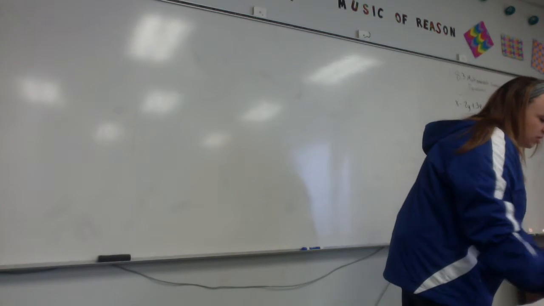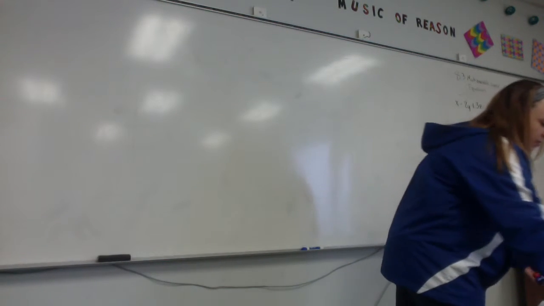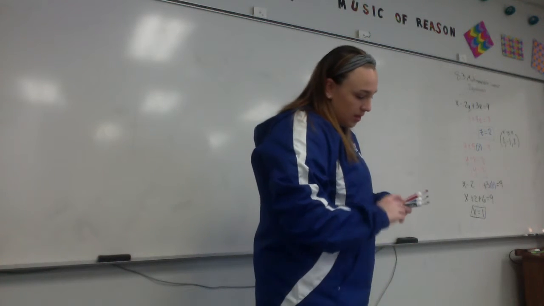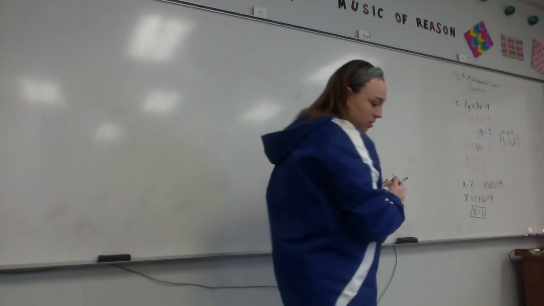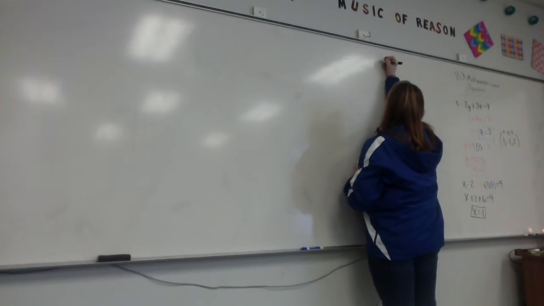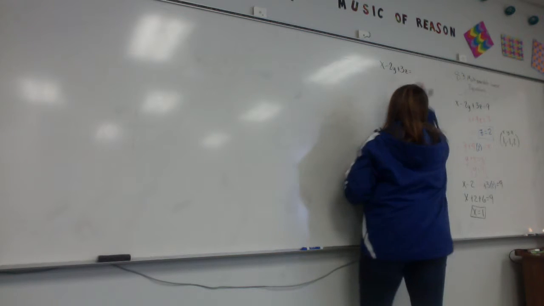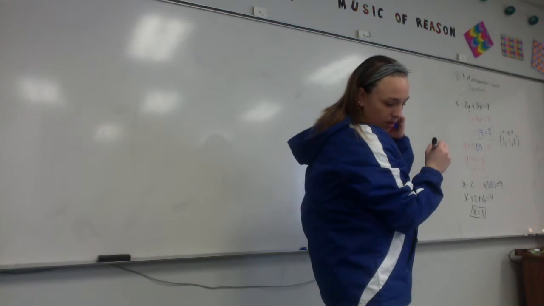Let's try a much harder one. And you're going to have to probably do substitution and elimination on a bunch of things. Okay. Let's do this one. We're going to do x minus 2y plus 3z equals 9.